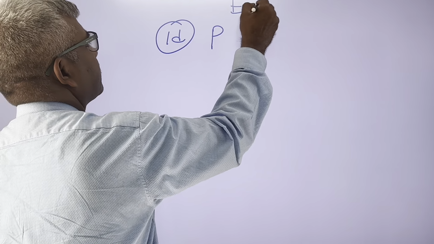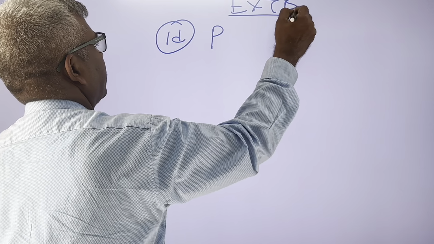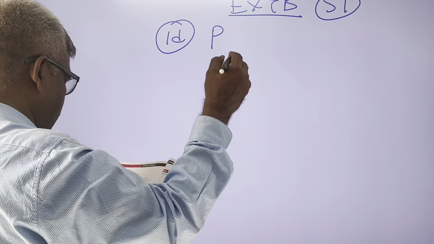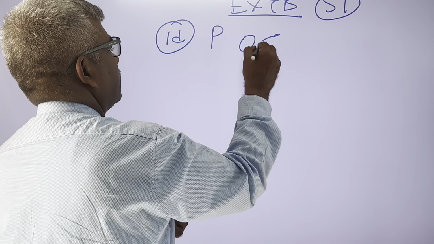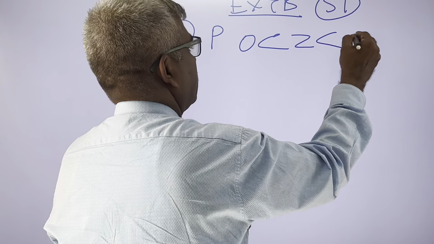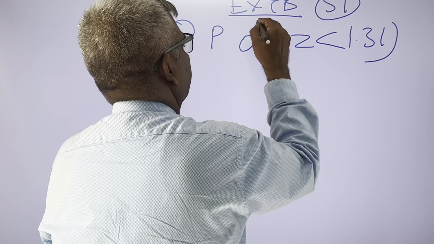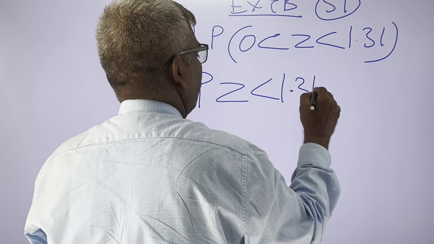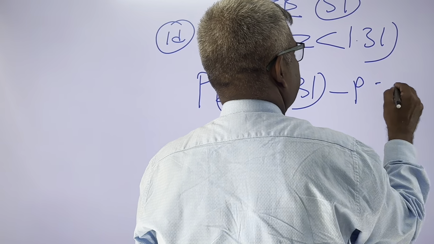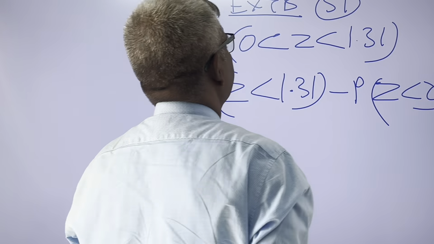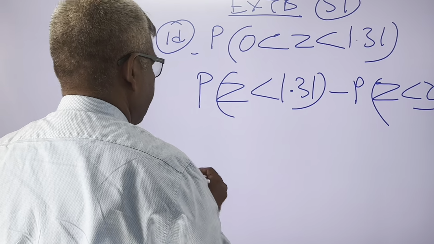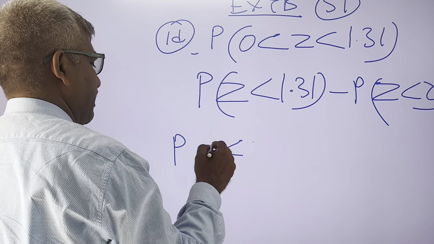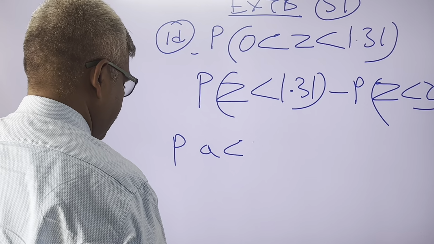This is exercise 7B we are doing. Okay, exercise 7B, S1 book, Edexcel. Probability of Z is less than 1.31 minus probability of Z is less than 0. This is one famous formula. Always remember, first I will solve this sum, then I will come to this.